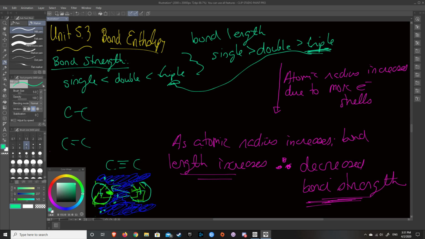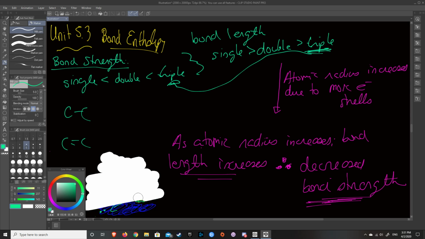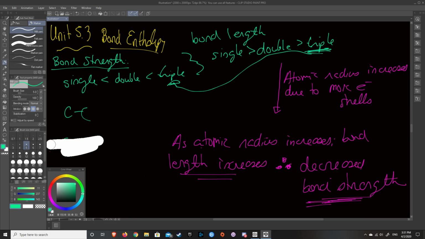This one is going to be pulling more towards them, saying, give me those electrons back. I want them. When it pulls them towards itself, it decreases the bond length. It pulls the two carbons closer together because it wants those electrons that are existing temporarily around the left carbon. And these electrons just exist in random places at random times.